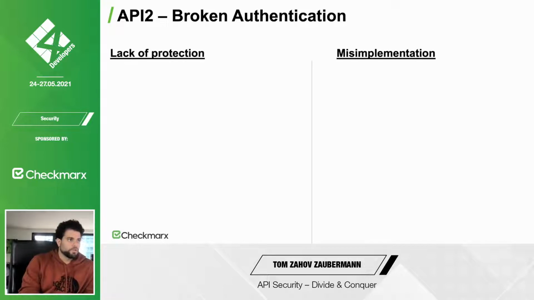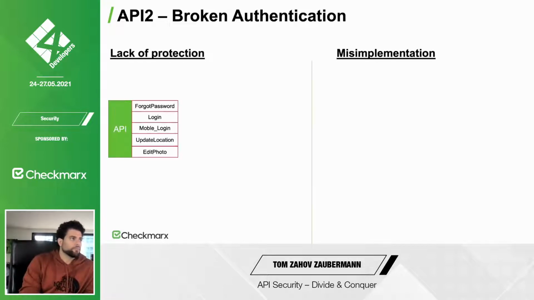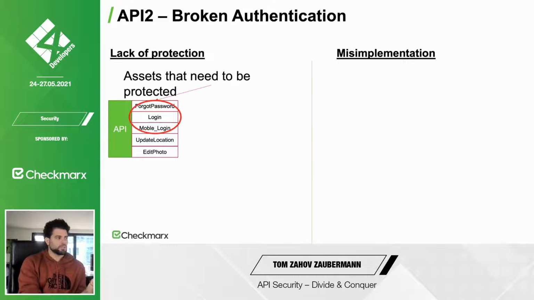API 2, broken authentication. Why broken authentication? We have things that we need to protect, and we do a kind of threat modeling. In threat modeling, there are things we need to protect. So what kind of API do we have? We have forgot password, login, mobile login, update location, and edit photo. These functions or methods are the assets we need to protect.